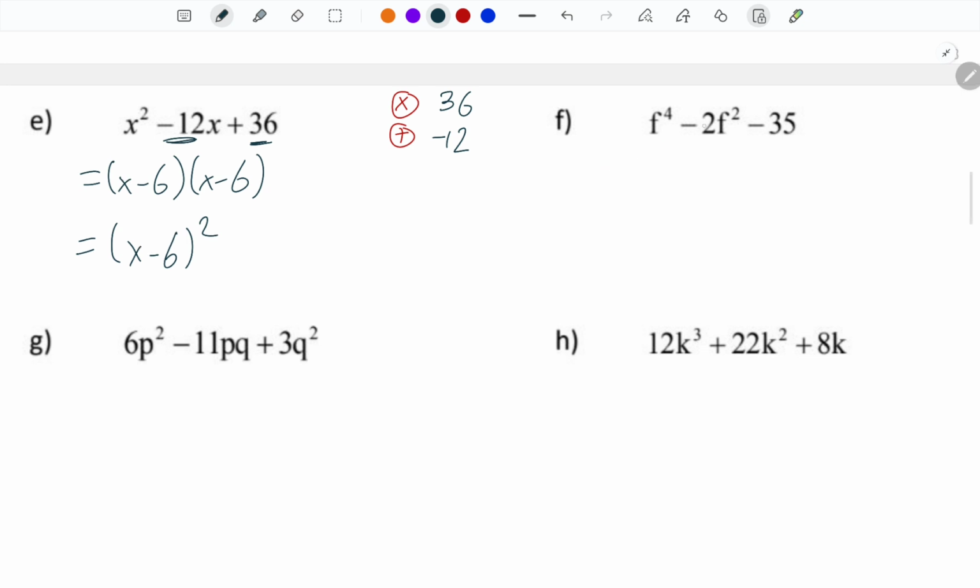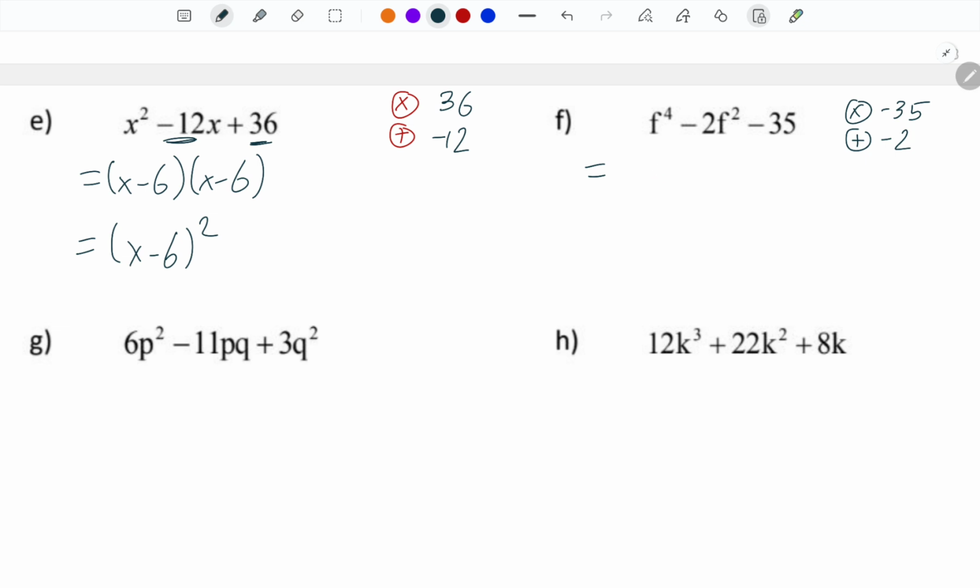Okay, f to the 4 minus 2f squared minus 35. It might look a little different because these are now 4 and 2, but it's really going to work the same way. We're just going to have to adjust things just ever so slightly. But let's just first of all think of two things that multiply, in this case to negative 35, and add to negative 2. And in this case, that's going to be negative 7 and 5.